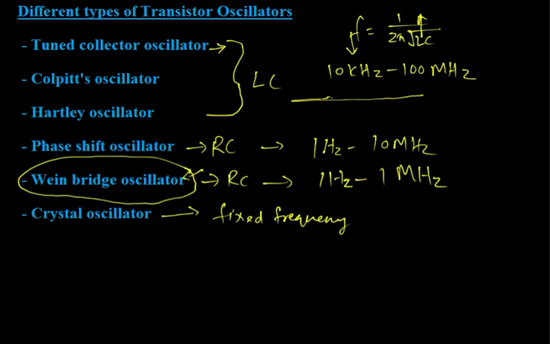In order to make a high inductance, the winding or the inductor will be very bulky, so we cannot produce very portable oscillators for small frequency ranges when we are using an LC network. So in order to produce low frequencies, we will use the RC network. We will discuss the different types of oscillators in the coming lectures.